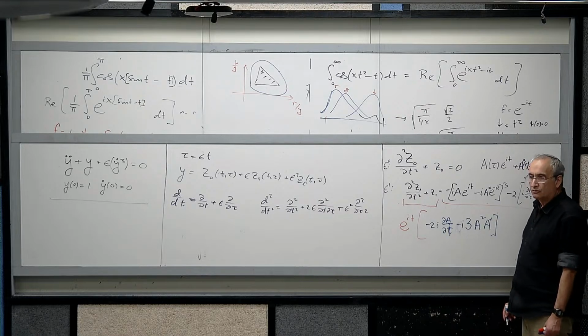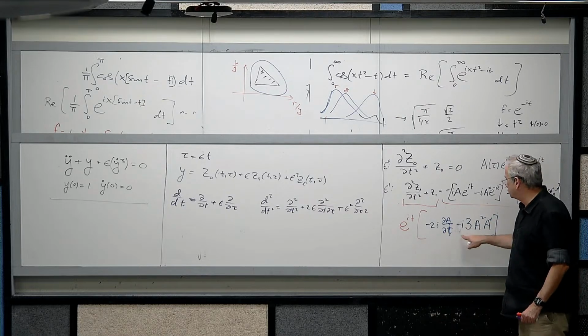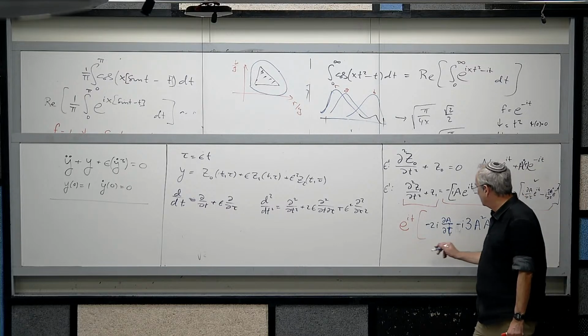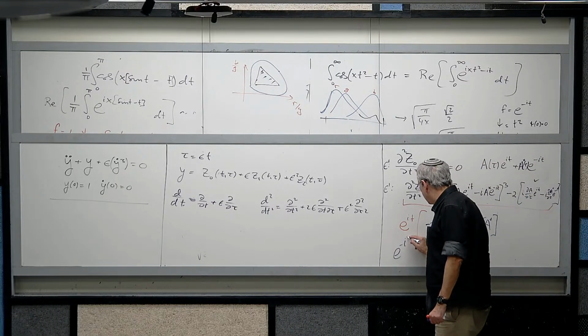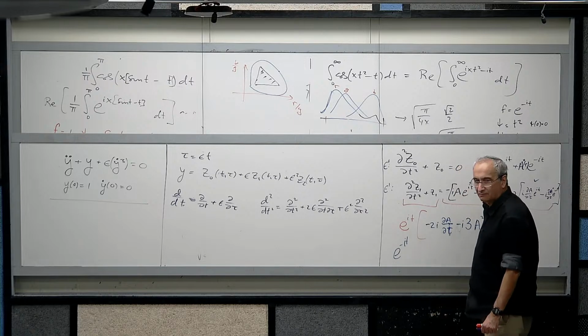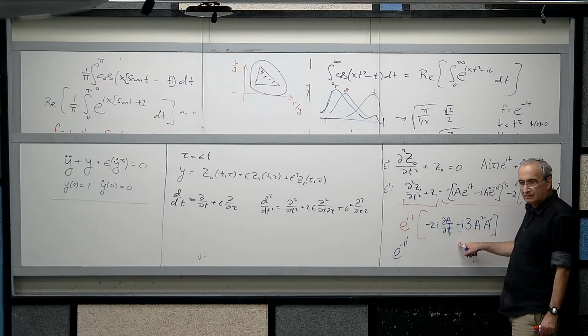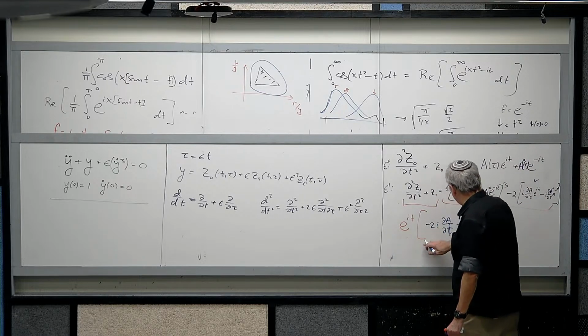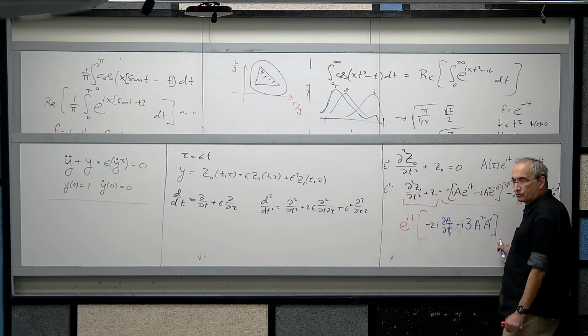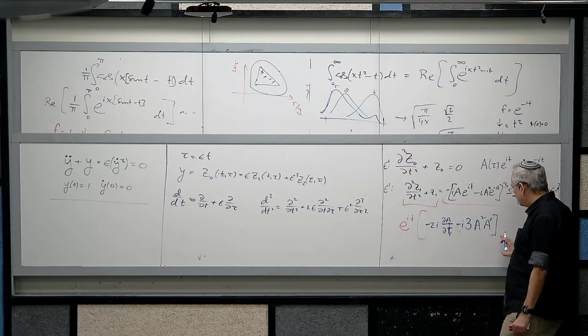So to avoid resonance, this should be 0. Of course, the e to the minus it term should also go to 0, but it will automatically be the complex conjugate of that. So we only have to take care of this. It should be 0.